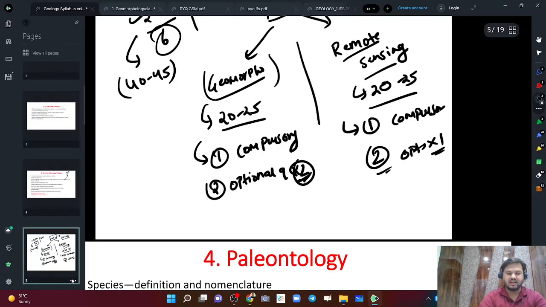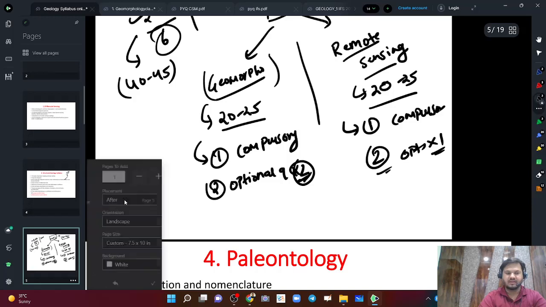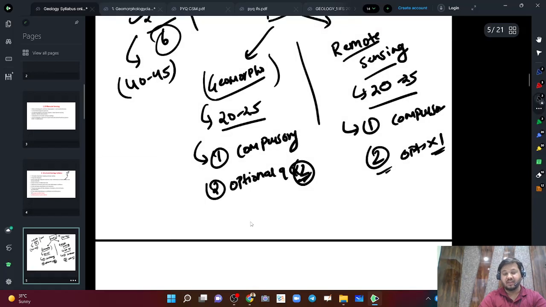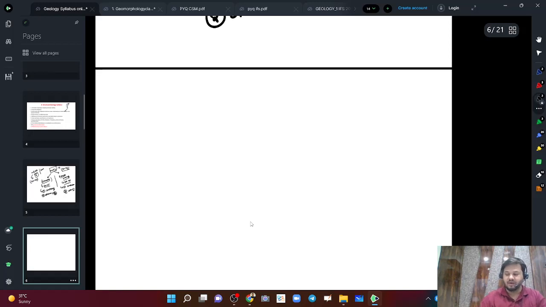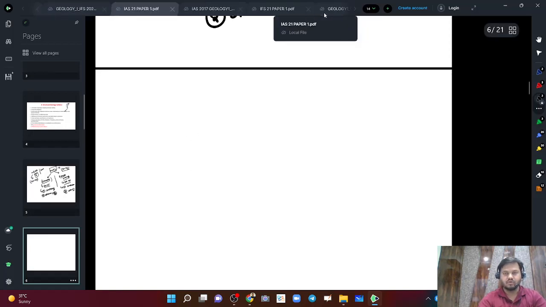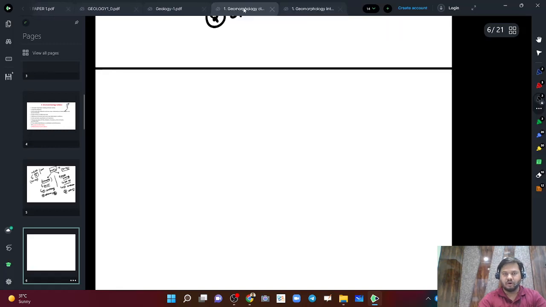Another important thing about geomorphology is that it is very simple yet very important.